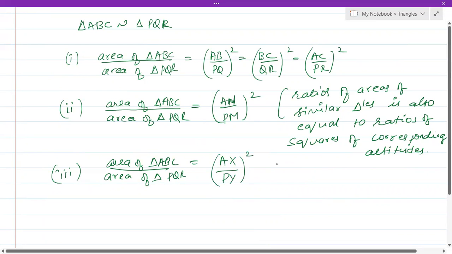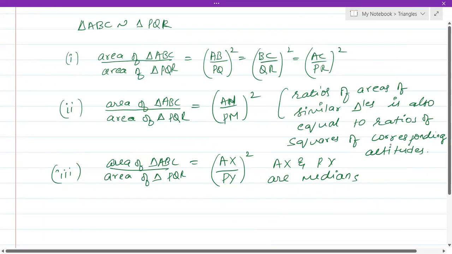What is this? AX and PY are medians. So instead of altitudes, if we have medians, we can also say that the ratio of areas is equal to the squares of the corresponding medians. Therefore, we can say three things.